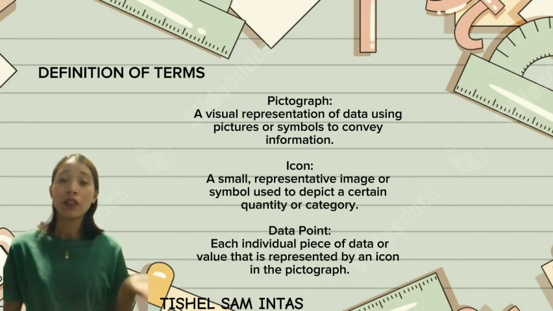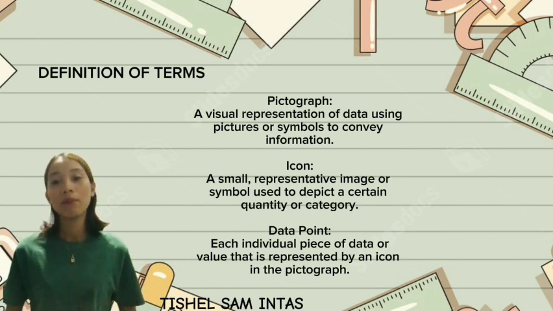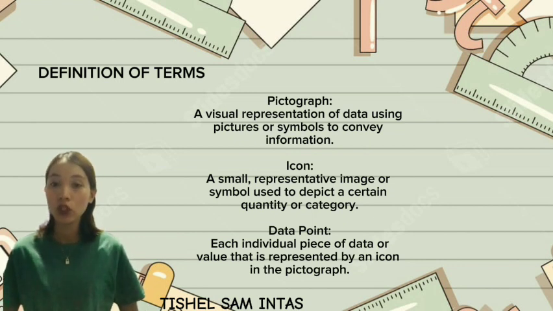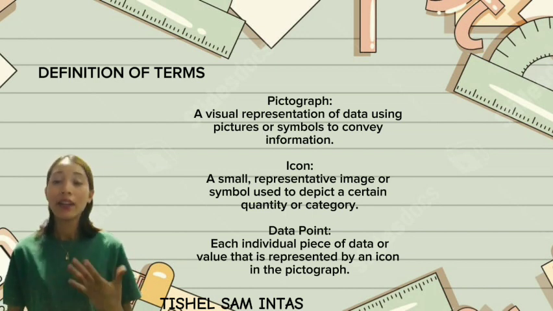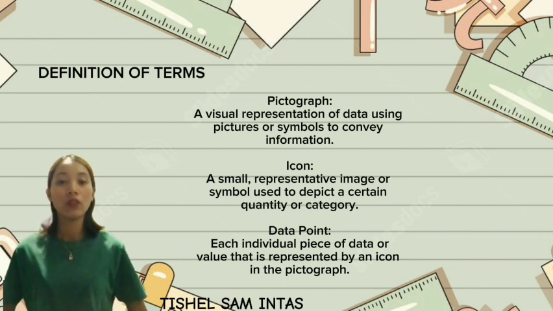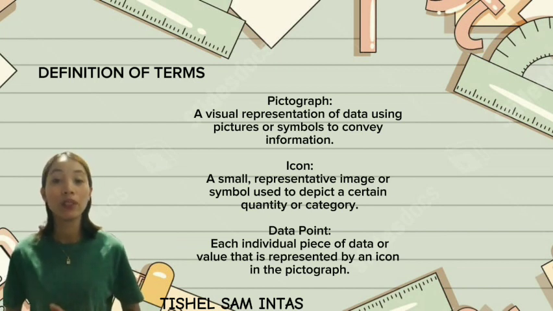A pictograph is a visual representation of data using pictures and symbols to convey information, while an icon is a small representative image or symbol used to depict a certain quantity or category. A data point is each individual piece of data or value that is represented by an icon in the pictograph.